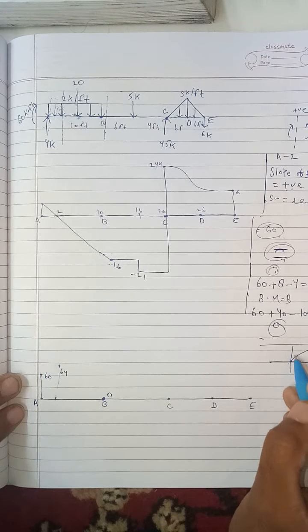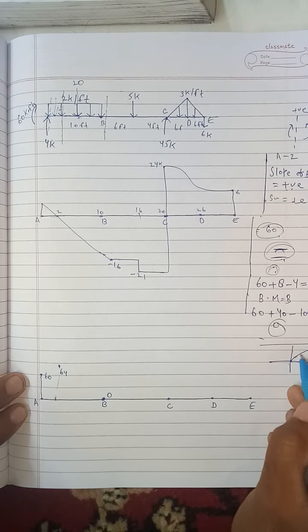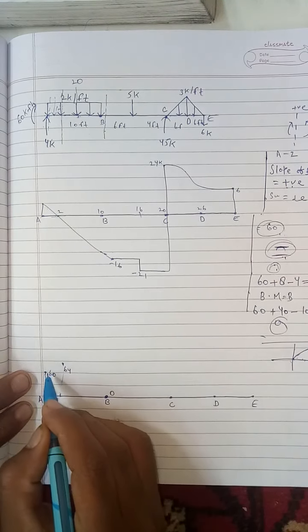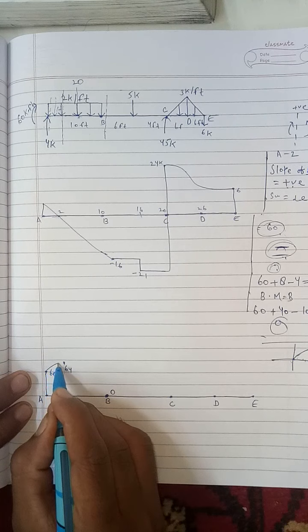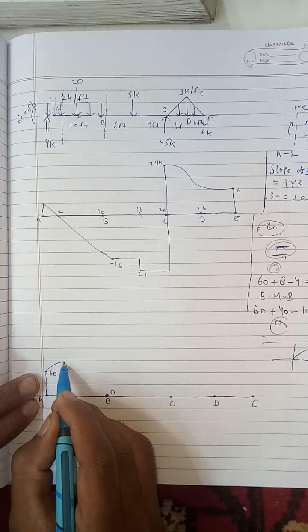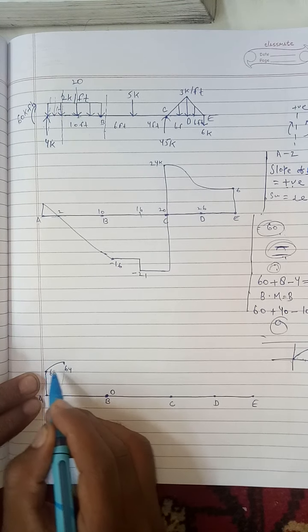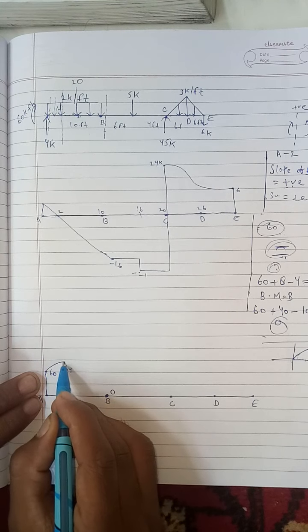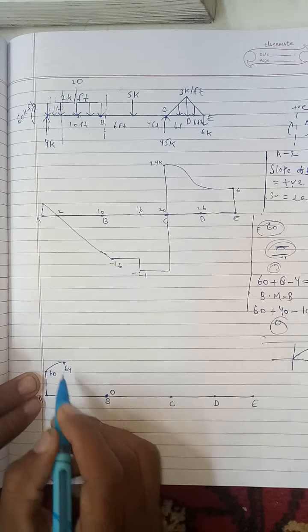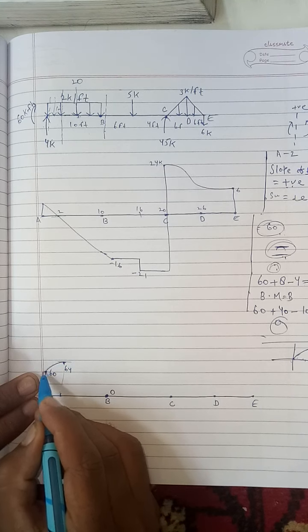But this is in the first quadrant, so the slope is positive and its magnitude is decreasing. So we will draw it like that. If you draw a tangent here it will come horizontal, and if you draw a tangent here it will come with some slope.